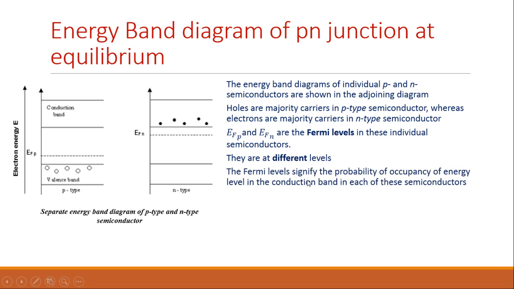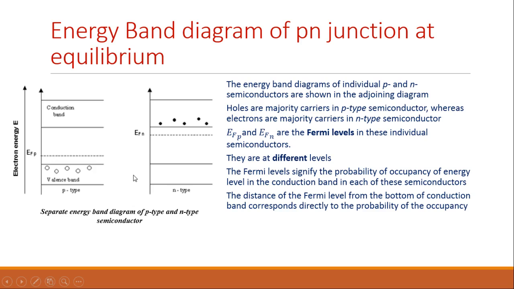The Fermi levels which signify the probability of occupancy of energy levels in the conduction band in each of these semiconductors thus are at different energy levels. The distance of the Fermi level from the bottom of conduction band corresponds directly to the probability of occupancy of the energy levels in the conduction band.